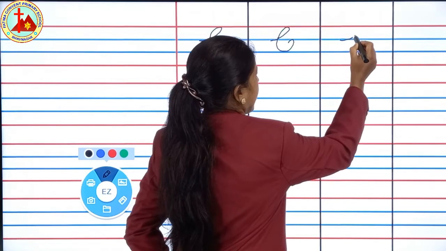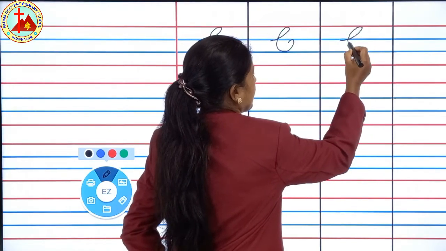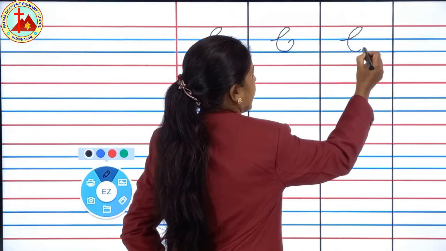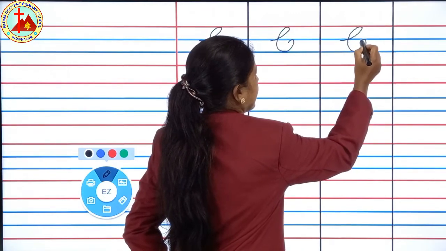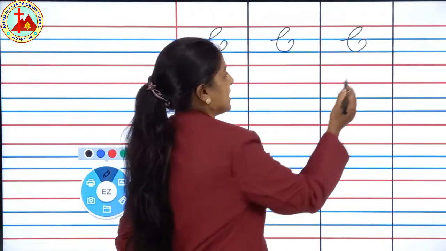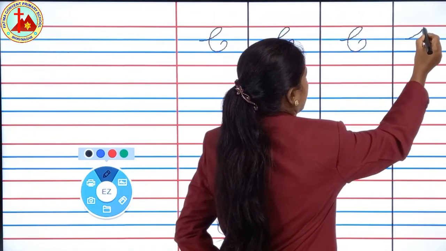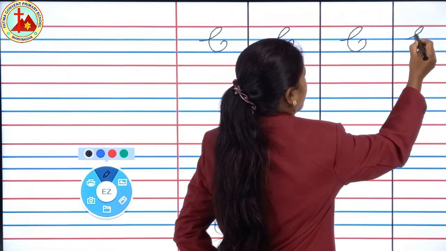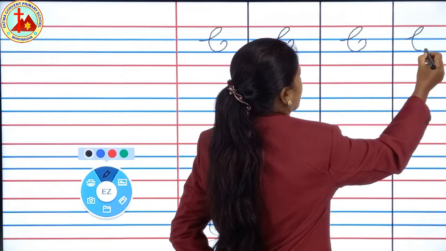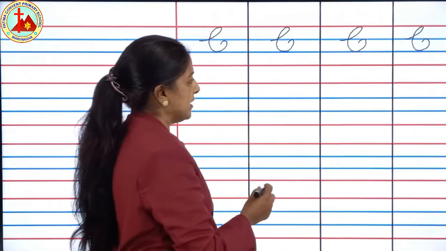Starting from the blue line, go up to the red line, make a loop, come down to the blue line, turn inside, cursive capital C. Up red line, loop, come down to blue line, curve, cursive capital C.